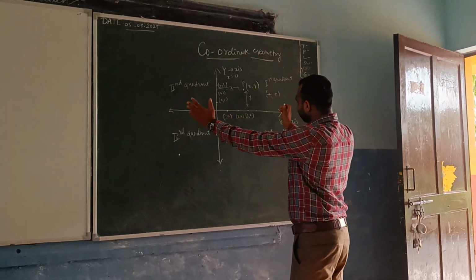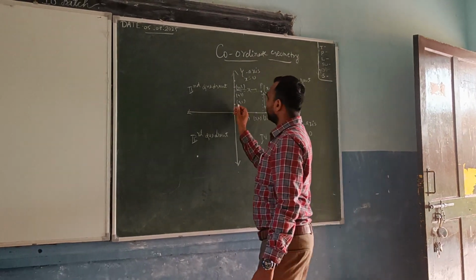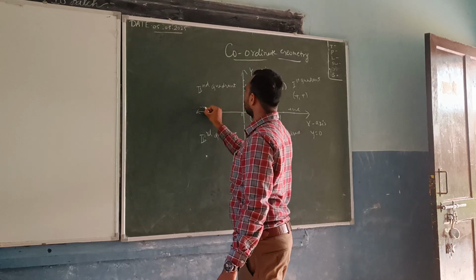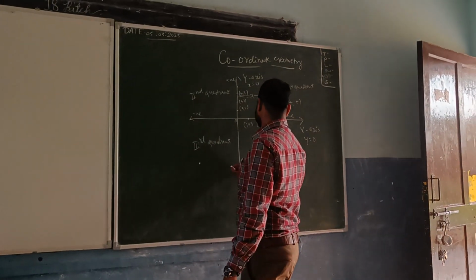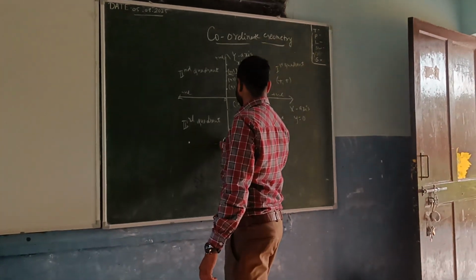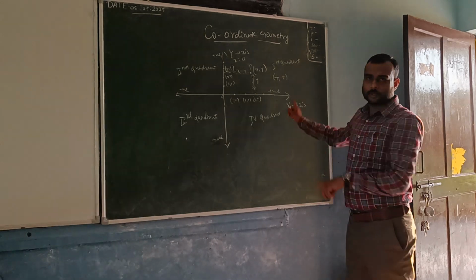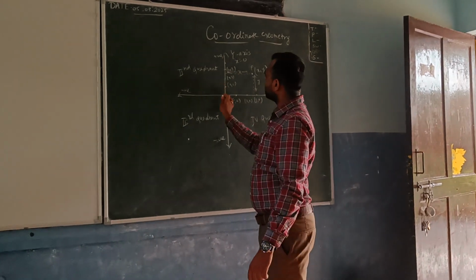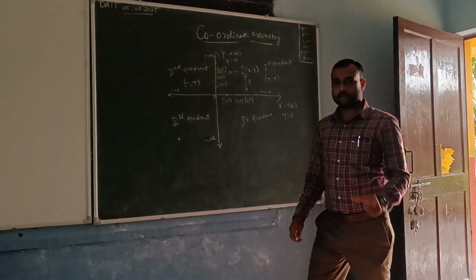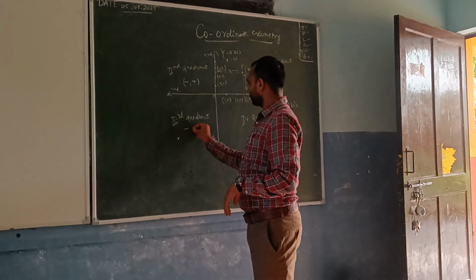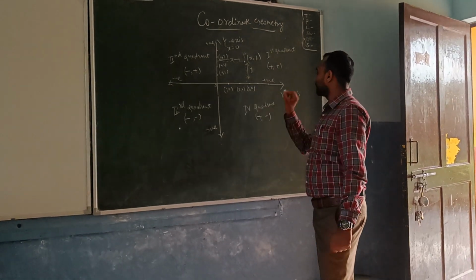Why? Because the right side of the origin is positive and the left side is negative, the upside of the origin is positive and the downside is negative. So the first quadrant means (+, +), the second quadrant means x negative and y positive, the third quadrant means both negative, and the last quadrant is positive, negative.